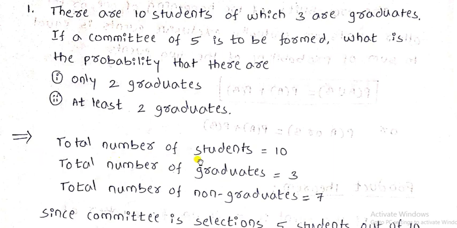Here the total number of students is 10. In 10 students there are 3 graduate students, so 10 minus 3 is 7. So 7 denotes the total number of non-graduate students. Non-graduate students are 7 and graduate students are 3; 7 plus 3, so totally 10 students.